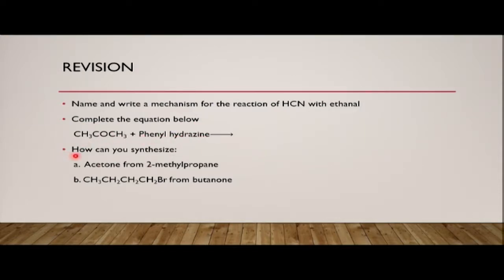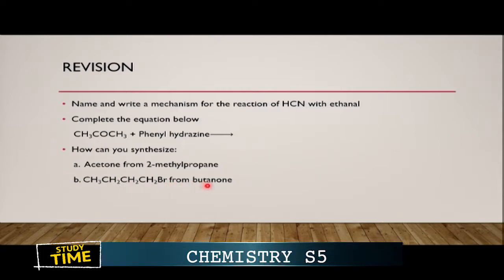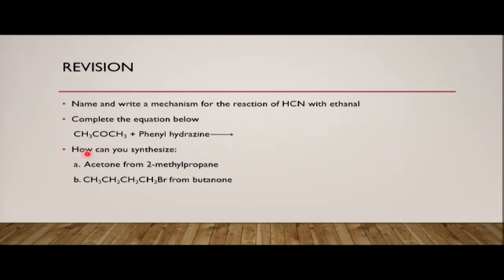And number 3: how can you synthesize A, acetone from 2-methylpropane, and B, 1-bromobutane from butanol? Let me give you 2 minutes and you work it out. Hurry up, please.